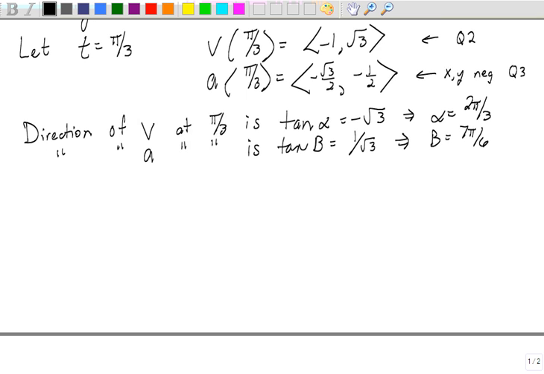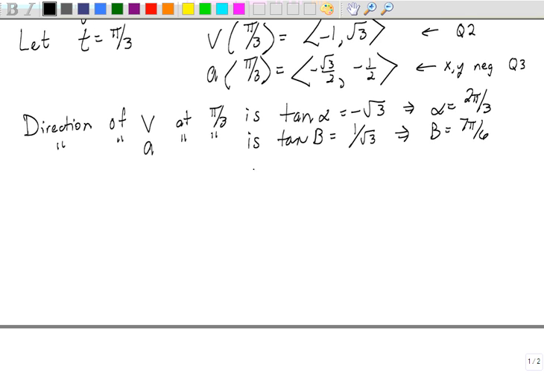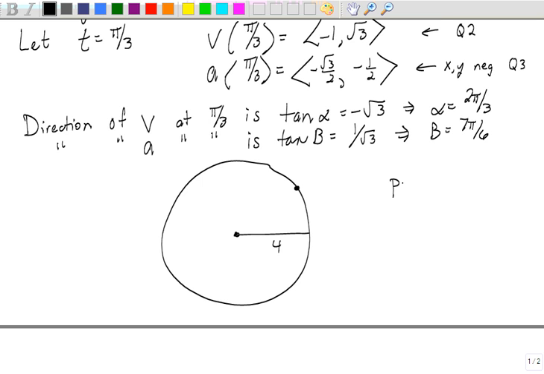So if I draw a picture of this, I have a circle, radius is 4. Let's say the point is right here at pi over 3. The point's (2 square root of 3, 2). That's what x and y is when t is pi over 3.